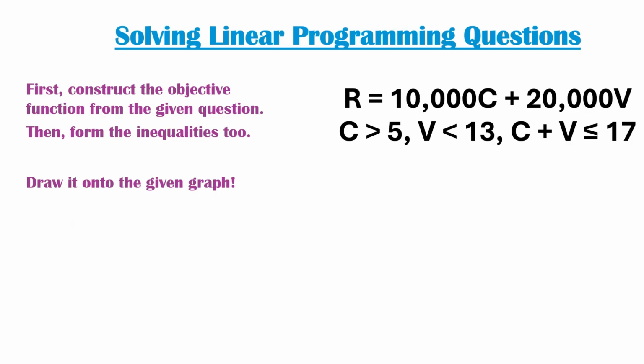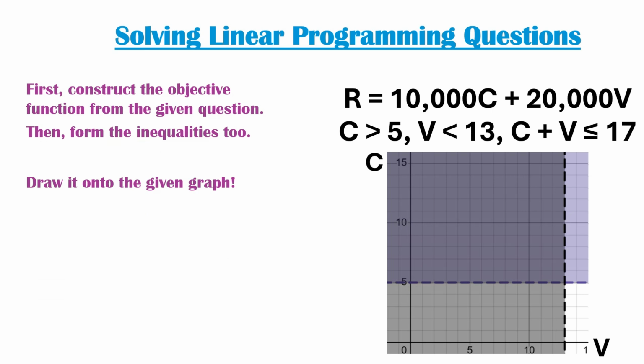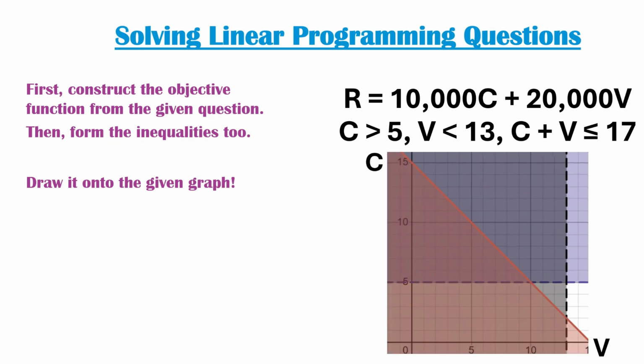Then you plot them onto a graph, and the graph is usually given. It's usually like a 2-page question, so the graph is usually on the second page, and it will tell you to refer to the graph on the other page and plot all of the inequalities. So C is greater than 5, V is less than 13, and then C plus V is less than or equal to 17. So that feasible region we were talking about, where it's possible to exist, is basically that triangle you see there.